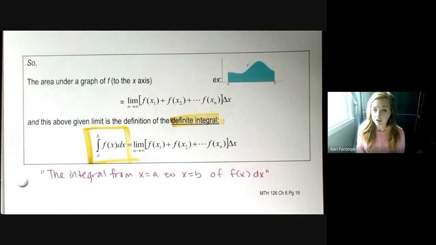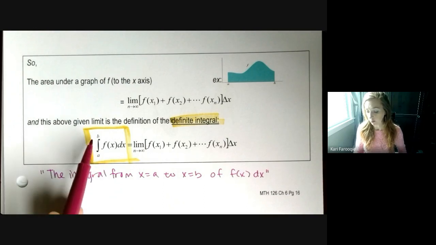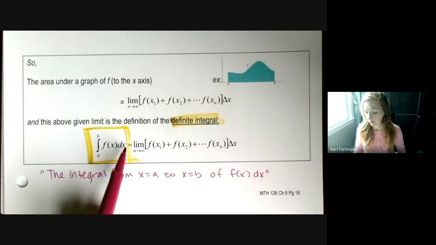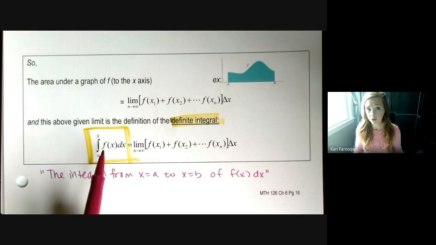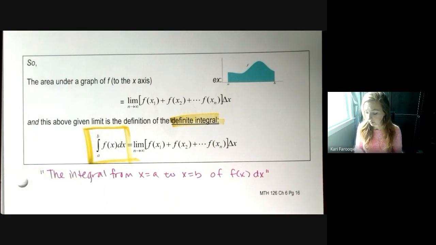So this is a definite integral. So far, we've only talked about indefinite integrals. Indefinite integrals don't have these lower and upper limits of integration. But for the definite integrals, we have a lower limit of integration and an upper. And these are just x equals values because they correspond to the variable of integration that you have inside the integral. So this is a definite integral.